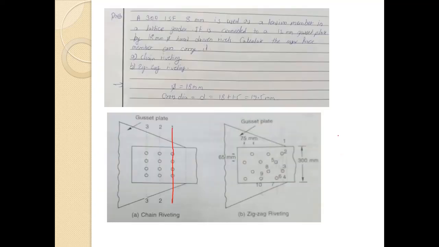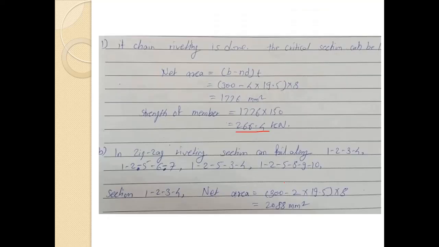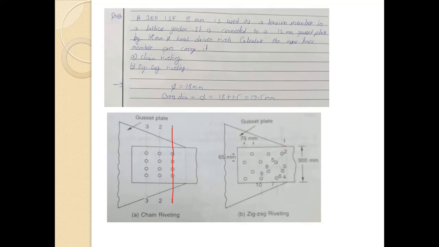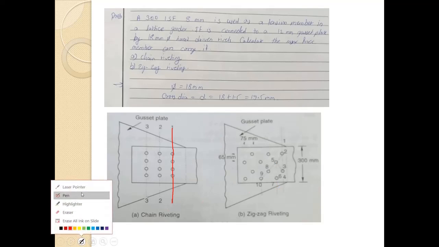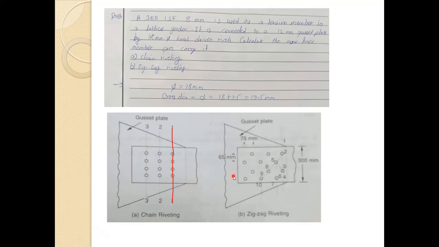Now, as you have seen, in the case of zigzag riveting the section can fail along 1 2 3 4, then 1 2 5 6 7, this plane. I will take the laser instead. So 1 2 5 6 and 7, earlier was 1 2 3 4.